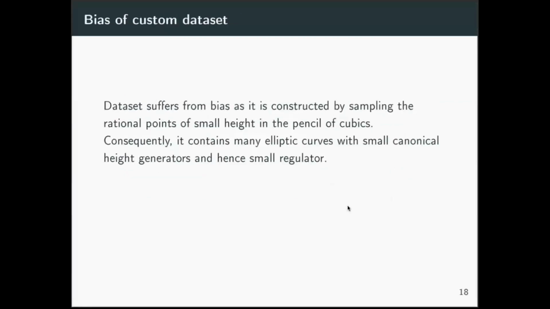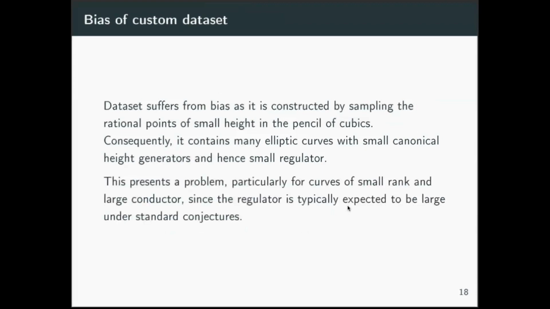So there is some kind of subtle bias in this construction, because in all this process, we were choosing the points of small height. So eventually, this data set will contain lots of elliptic curves with something called small regulator.